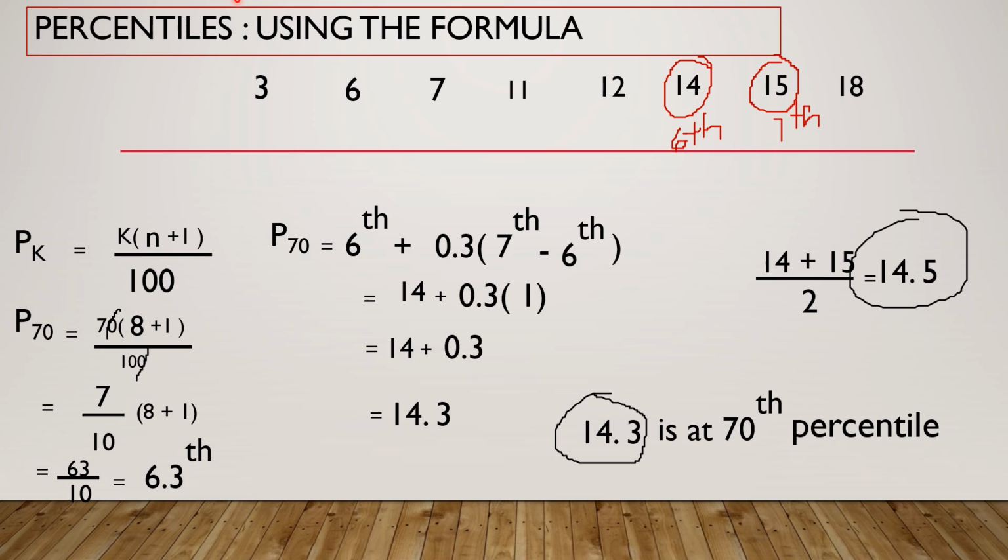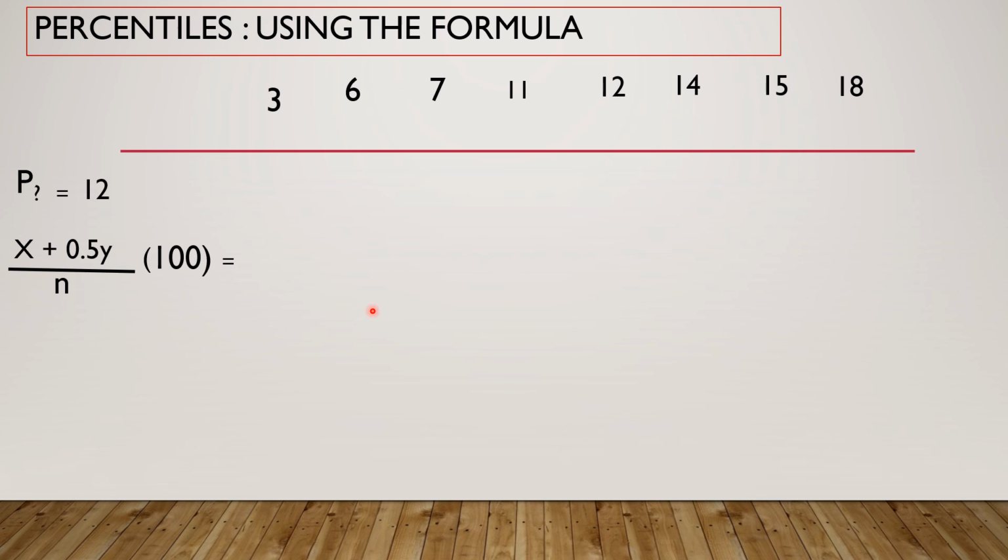Now, there is another way that this percentile is very useful. Let's say you want to know what percentile your score is. Let's say your score is 12. So 12 is here. You want to know the percentile rank for that.